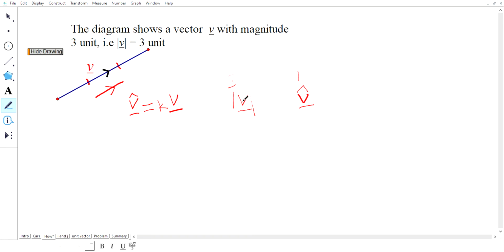So magnitude of vector V is 3 times magnitude of unit vector in the direction of V. Therefore, magnitude of unit vector in the direction of vector V is 1/3 of magnitude of vector V. Therefore, the value of k is 1/3.